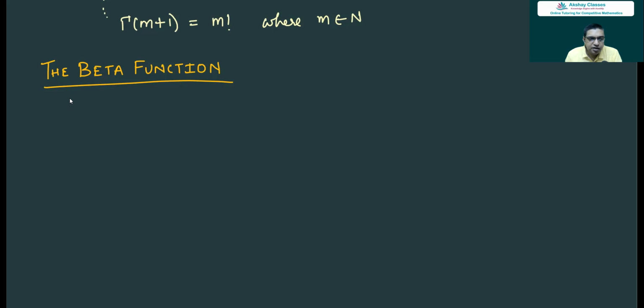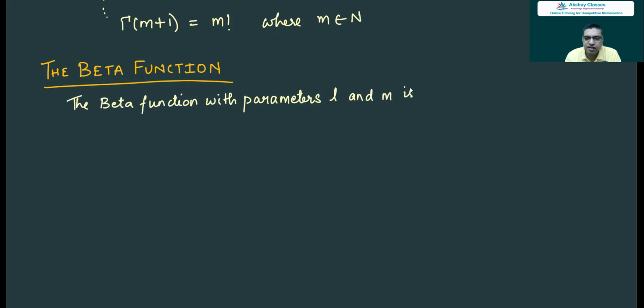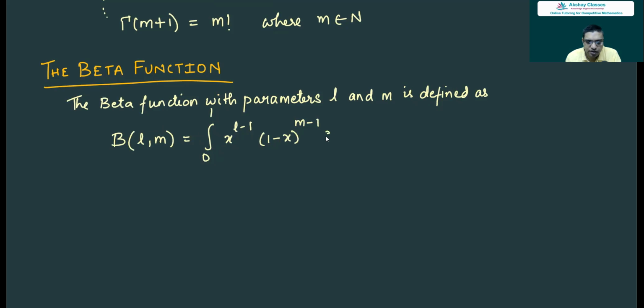Now, the beta function with parameters L and M is defined as: beta of L comma M is the integral from 0 to 1 of x to the power L minus 1 and 1 minus x to the power M minus 1 dx.